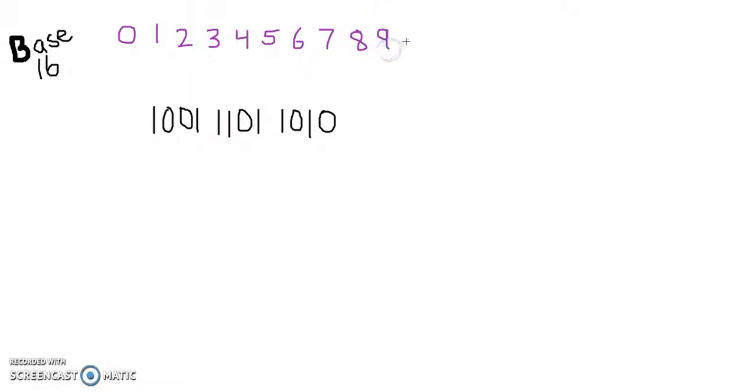When you get to 9, you're going to start with letters A, B, C, D, E, and F. So there's 16 places right here. So you have 1, 2, 3, 4, 5, 6, 7, 8, 9, 10, 11, 12, 13, 14, 15, 16.